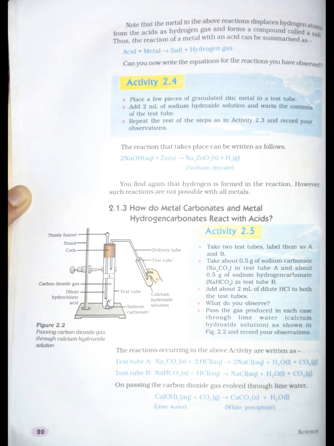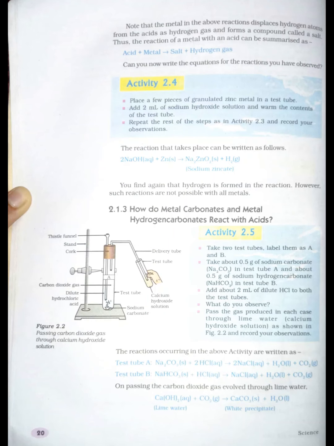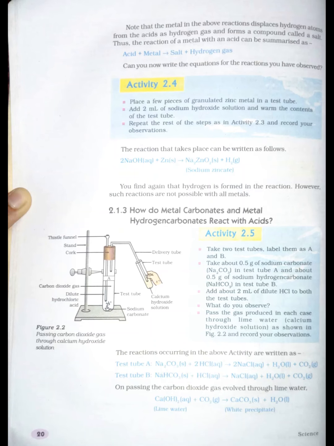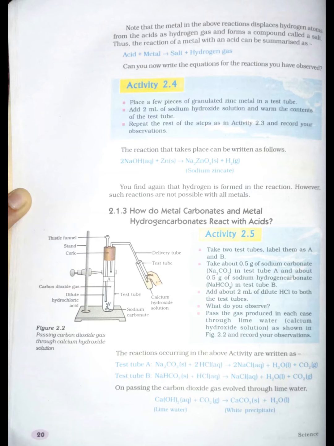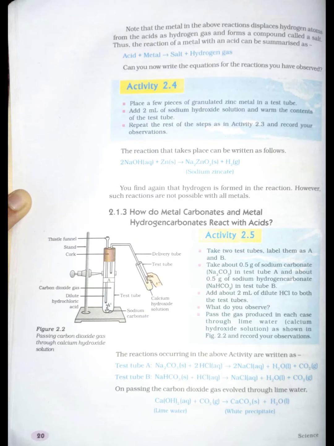2.1.3. How do metal carbonates and metal hydrogen carbonates react with acids? Activity 2.5. Take two test tubes, label them as A and B. Take about 0.5 gram of sodium carbonate, Na2CO3, in test tube A and about 0.5 gram of sodium hydrogen carbonate, NaHCO3, in test tube B. Add about 2 ml of dilute HCl to both the test tubes.